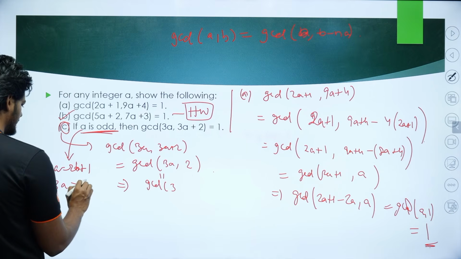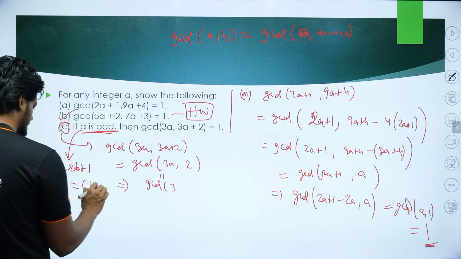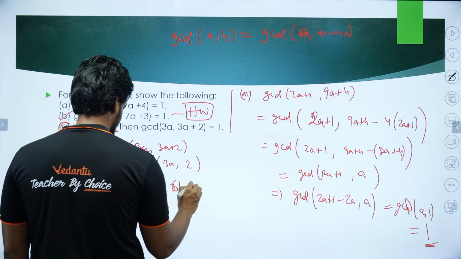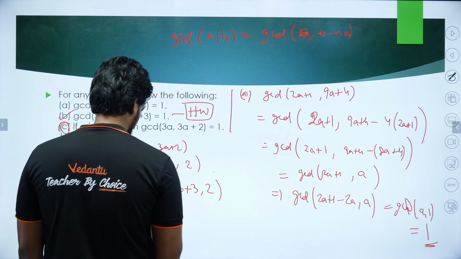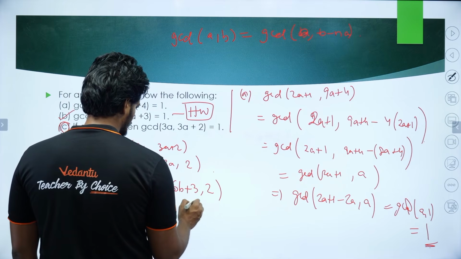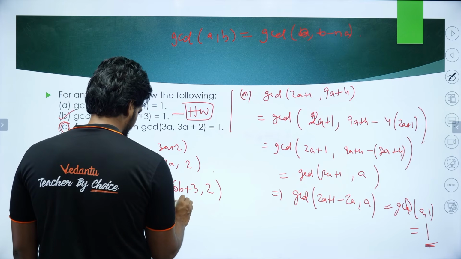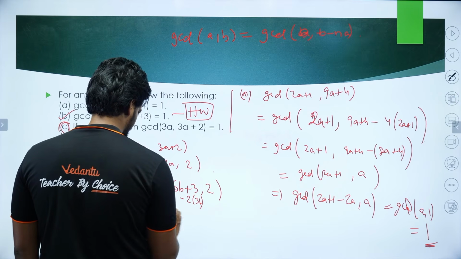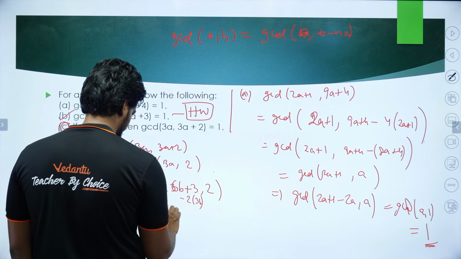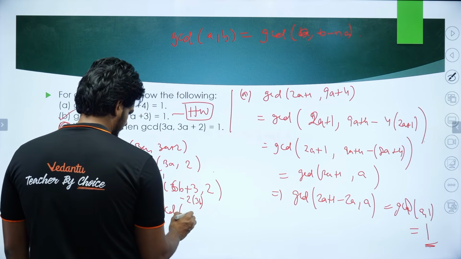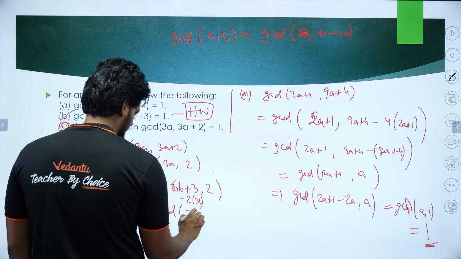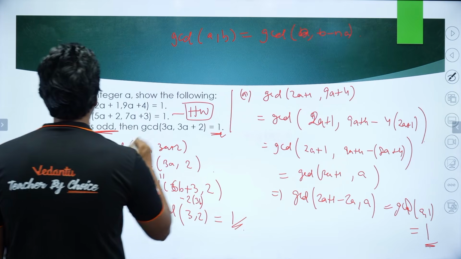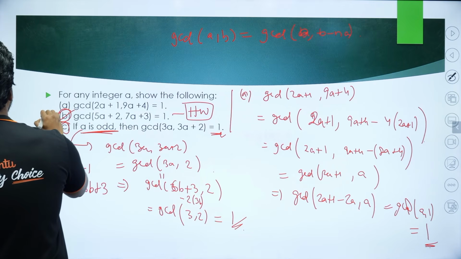So 3a will be 6b plus 3. So we have GCD of 6b plus 3 comma 2. Now I will subtract 3b times 2, right. So 6b gets cancelled, so GCD of 3 comma 2, which is 1. So this is always 1, this I want you to do as homework.